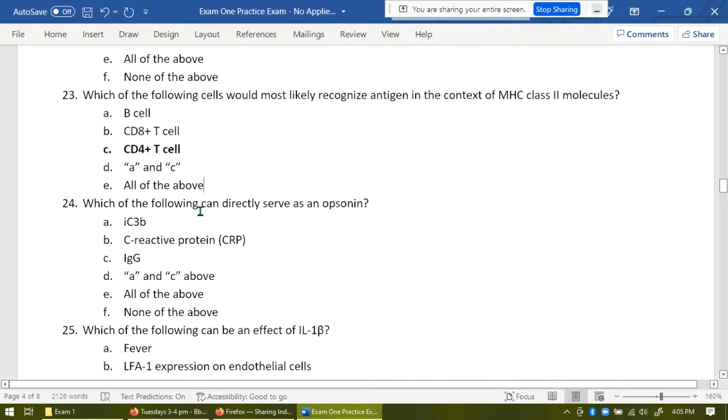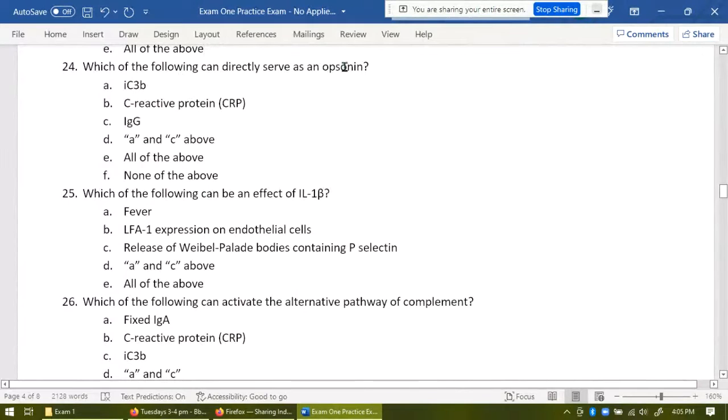Which of the following can directly serve as an opsonin, meaning marks things for phagocytosis? iC3b, yes. iC3b is an opsonin. It is a ligand for multiple different complement receptors, including CR1 and CR3. So it is an opsonin.